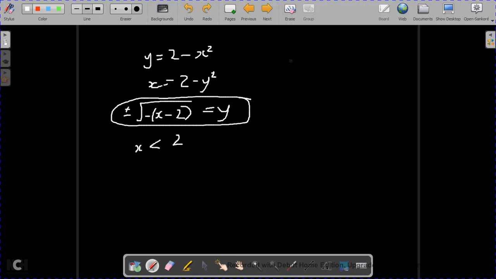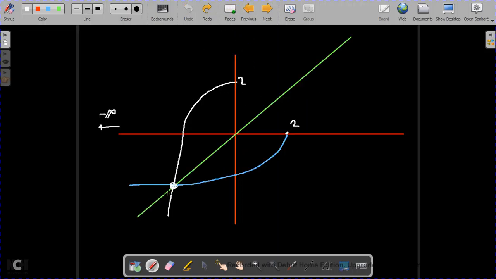So I could say, when does that intersect with y equals 2 take x squared? When do they both occur? Alright, so solving one with the other. But it will probably be easier if I find when they intersect with the reflection line, which is y equals x.